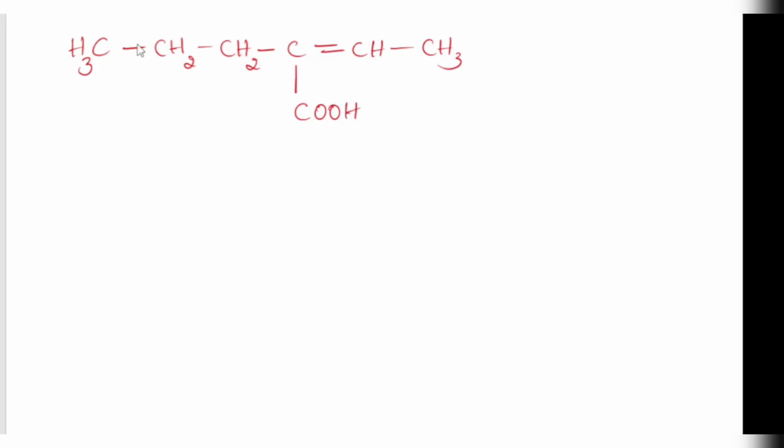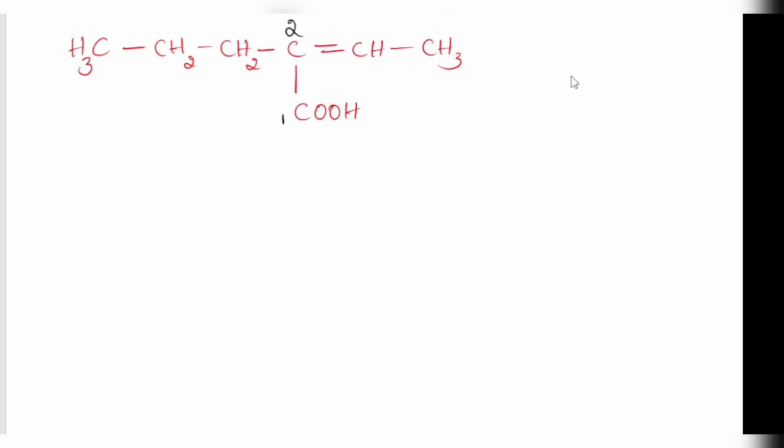Now I have to start the numbering from the functional group, that is the carboxylic acid. I have to number it as 1, and the adjacent will get 2. Now again I have two options, either I can go to the right side or to the left side.